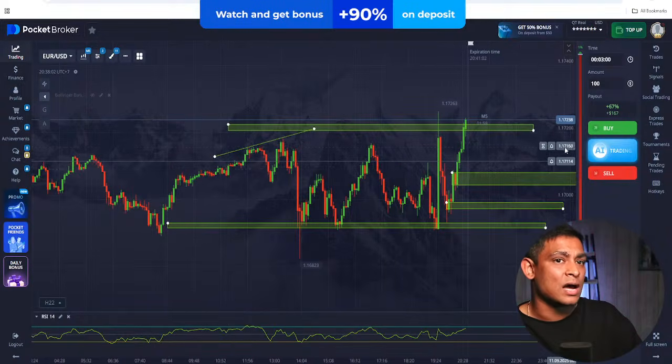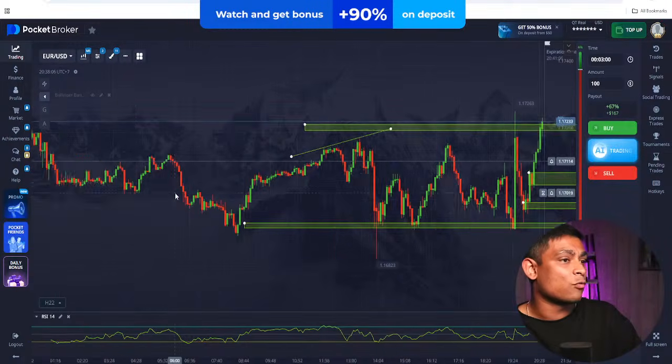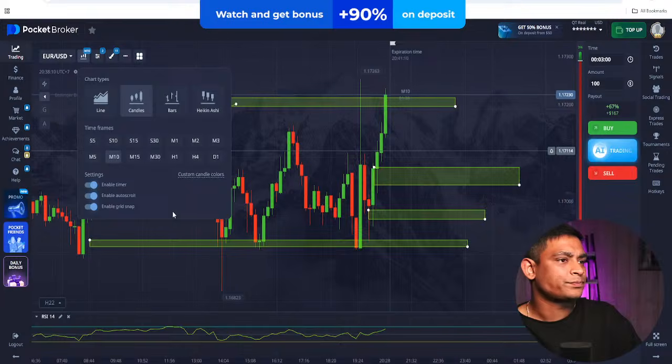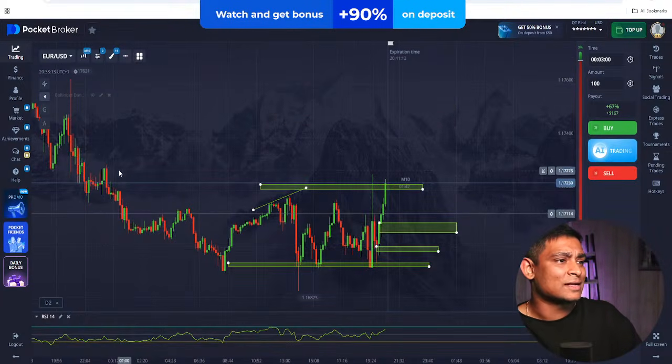This becomes a support for the price at this point in time, and I want to see which other levels we have that are of some importance. Here we are, we have another level up here.